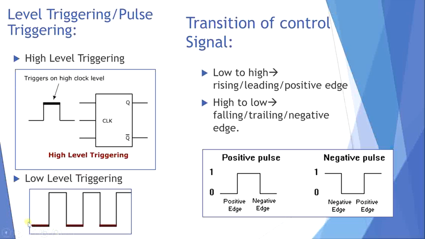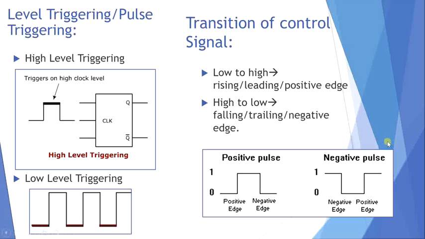And low level triggering means the trigger occurs at the low clock level, that is shown here. Mainly in the concepts that we are going to study, we will focus on high level triggering. Now, the transition of the control signal, as to how the clock signal transition occurs.